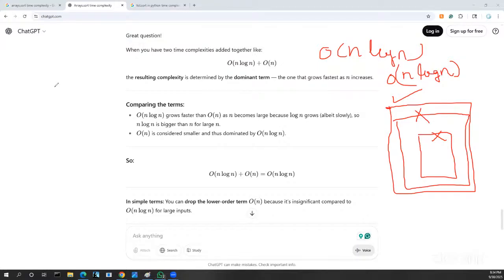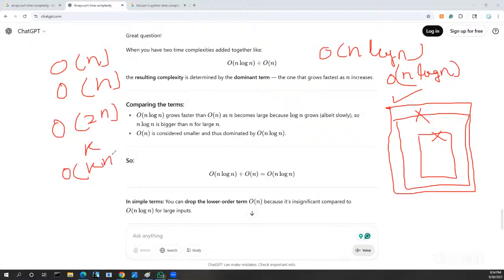Yes, we ignore the constant complexities. If we have O of n and O of n, we call it O of 2n, and 2 is a constant. So O of kn gets disregarded, and again we have O of n. Yes, you're right. Perfect.